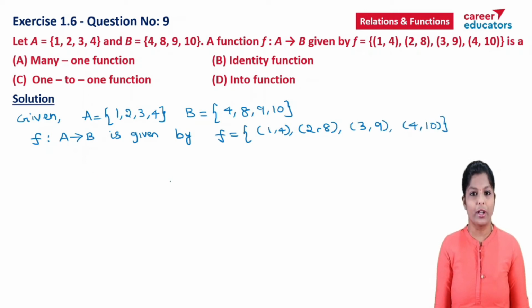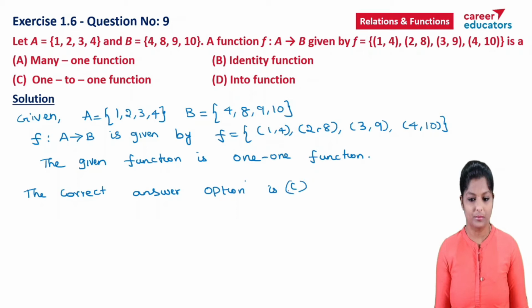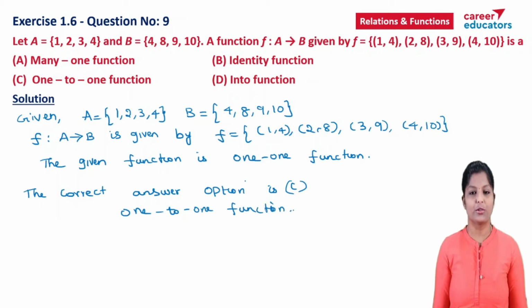Now, if we see the ordered pairs, for different elements of A, we have different images in B. So, the given function is one-to-one function. Therefore, the correct answer option is C, 1-to-1 function. That's all, we have completed this problem.